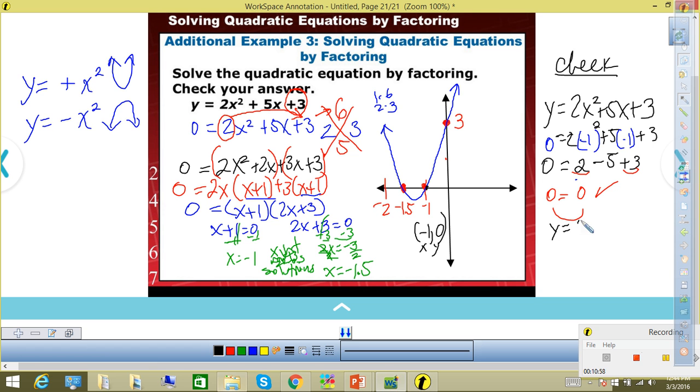Y equals 2x squared plus 5x plus 3. But now we're going to check the other, which is negative 1.5 comma 0. So this is 0 equals 2 times negative 1.5 squared plus 5 times negative 1.5 plus 3. What is negative 1.5 times negative 1.5?